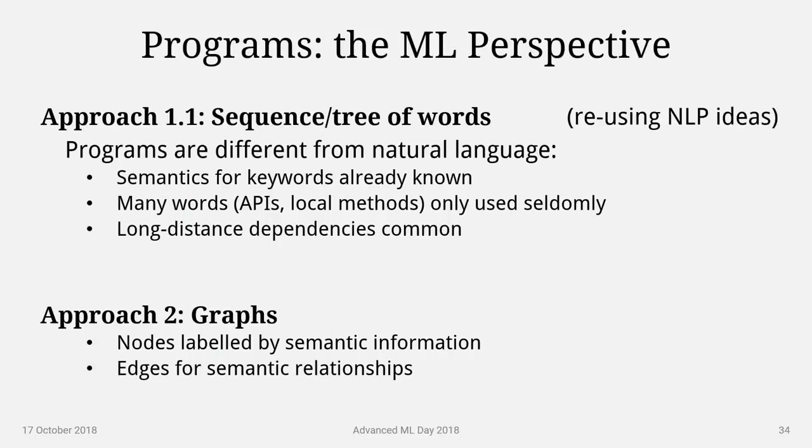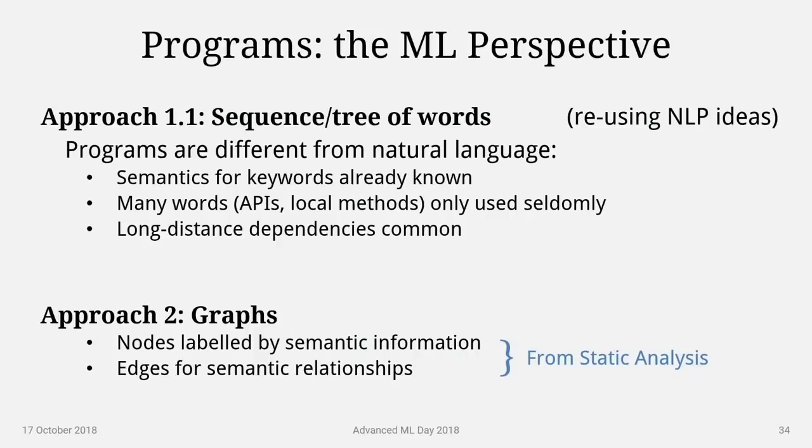What do I mean by graphs? So specifically, we are going to have nodes that correspond to particular locations of a program and edges that correspond to semantic, not just syntactic, relations between the variables in the program and the ways they're used. And I'm going to show that in a lot of detail in just a few slides, so don't worry.